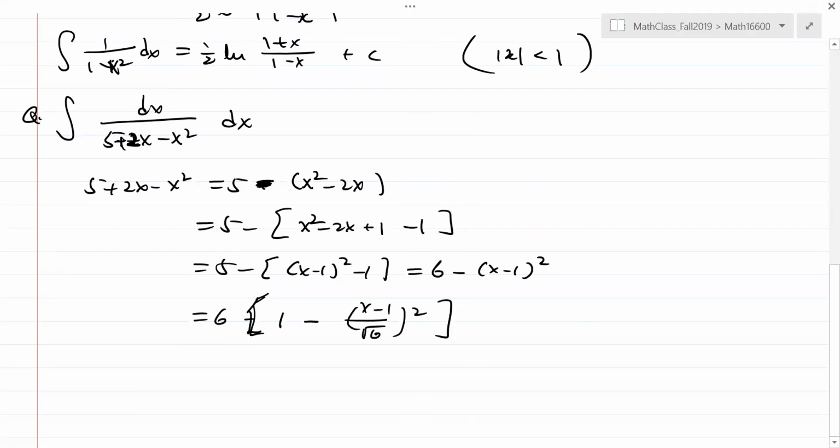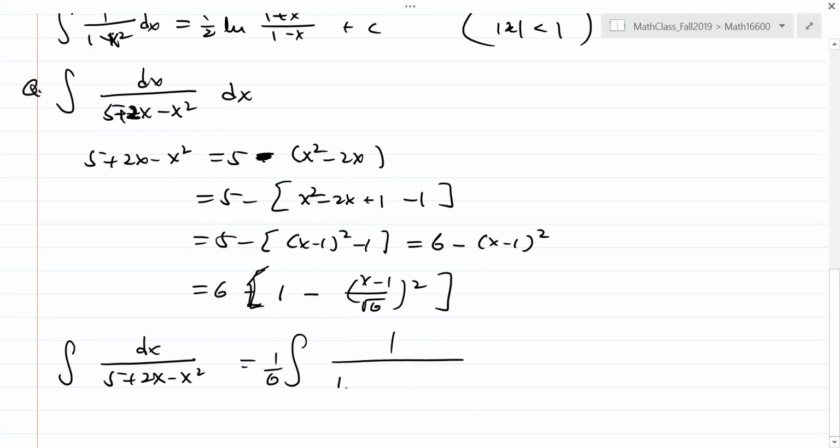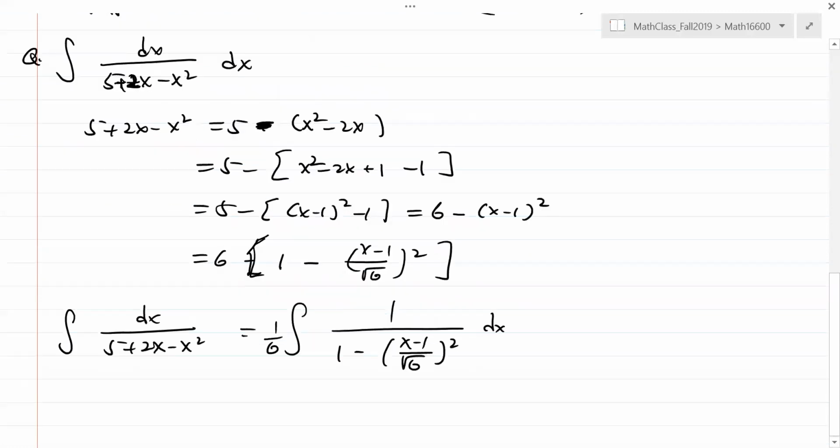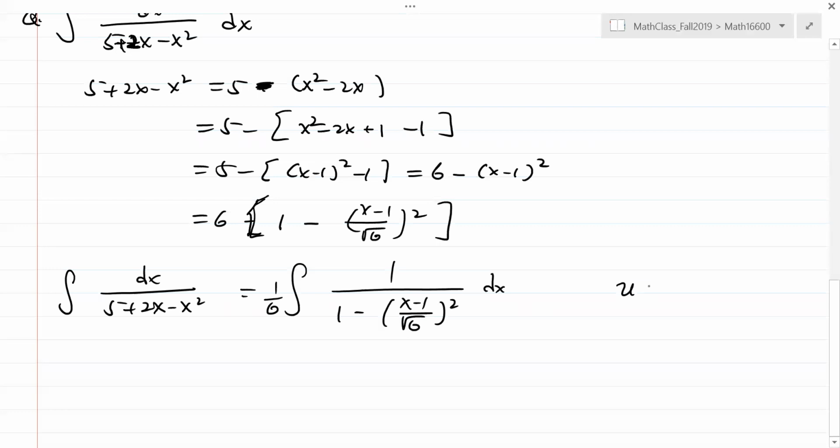Why do we have to do that? Because we're going to use the above result to evaluate the integral. So now we have the integral, and in the denominator you take 6 out, so 1 over 6. It looks like 1 minus u squared. So what you have to do is let u be x minus 1 over square root of 6.